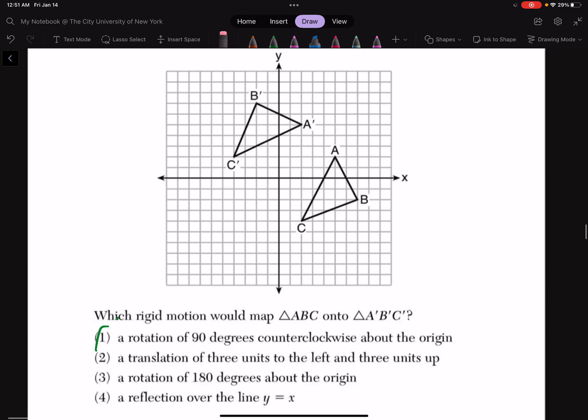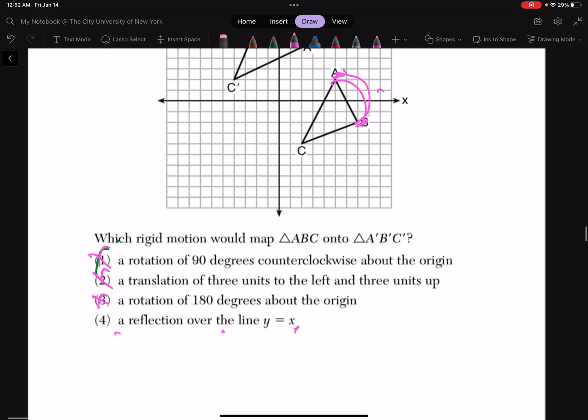And a rotation of 180 degrees about the origin should make B, wherever it is, go to A, and A to B. It's not that. So all these options are gone.